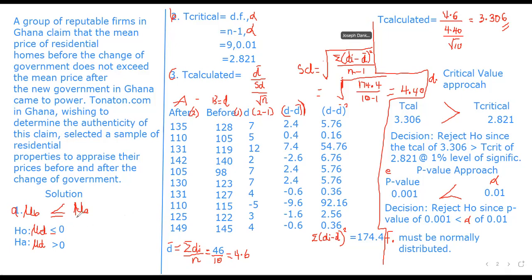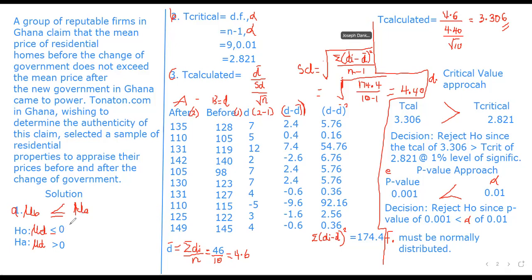What the null hypothesis is trying to tell us about the change of government, you get it? The before did not exceed the after. So your conclusion would be, no, because even before the government was changed, prices were higher. That would be your conclusion.